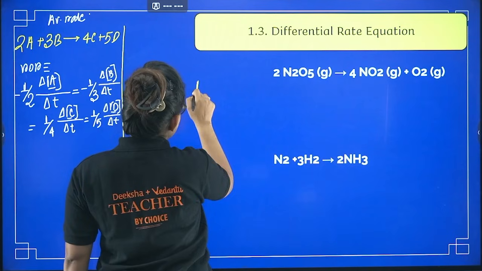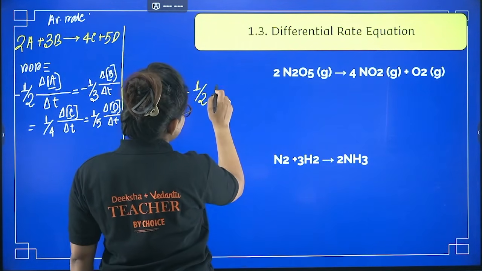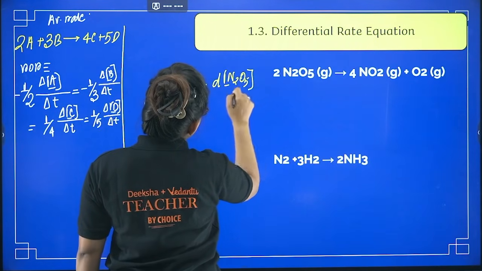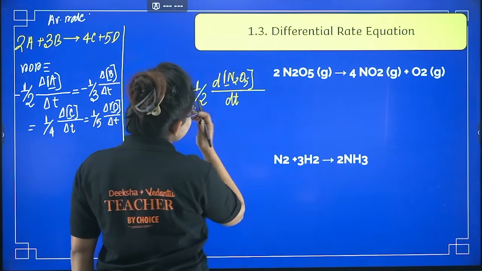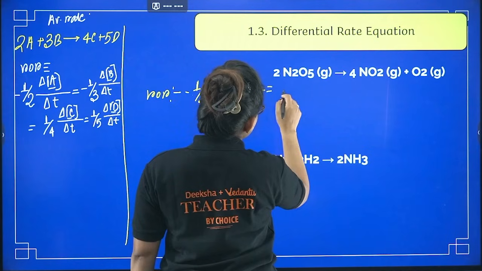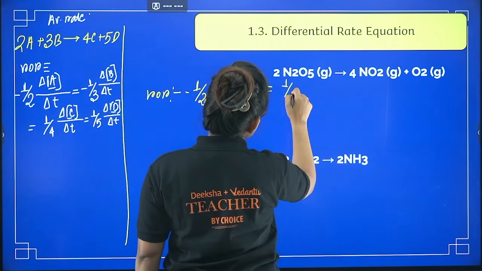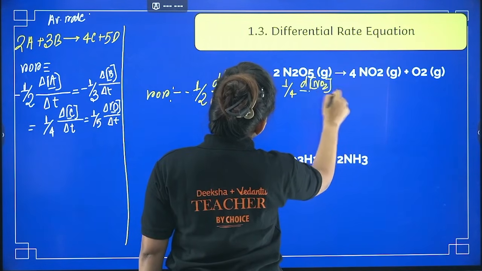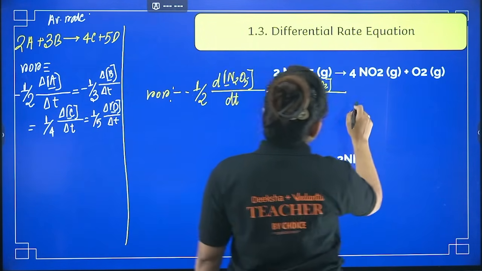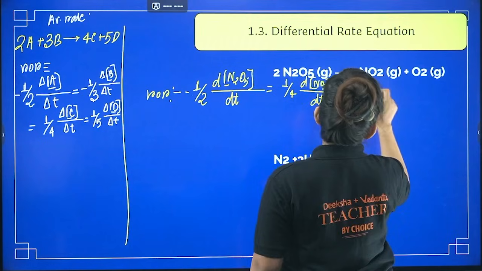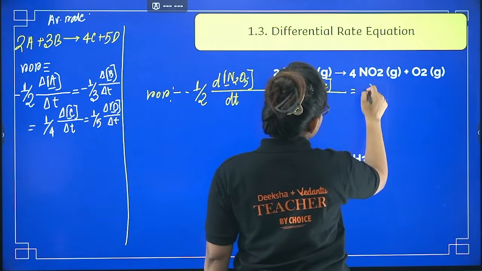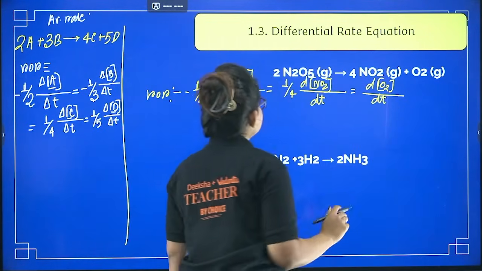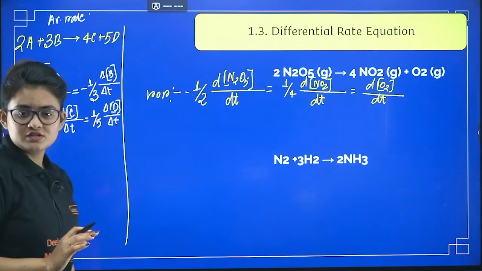So here we can write minus 1 by 2 d of concentration of N2O5 divided by dt, equals plus 1 by 4 d of concentration of NO2 by dt equals, see here no stoichiometry, no need to write anything, d of concentration of O2 divided by dt. This is how you should represent the rate of the reaction.